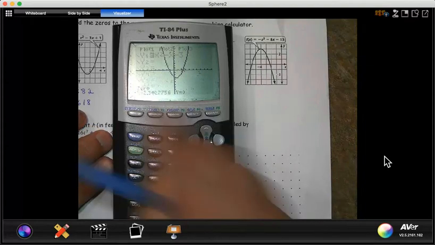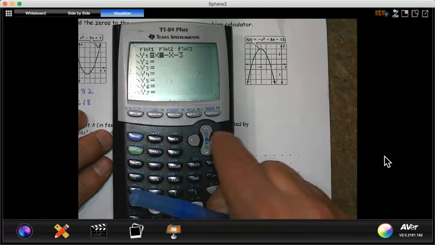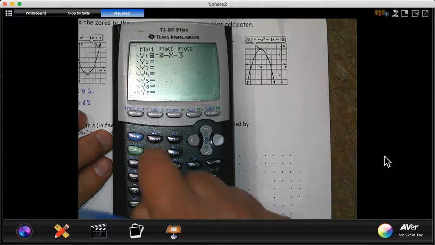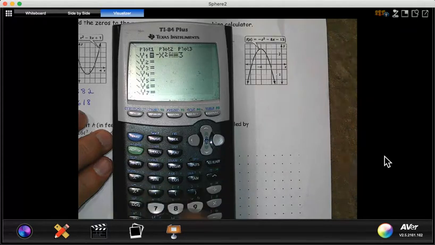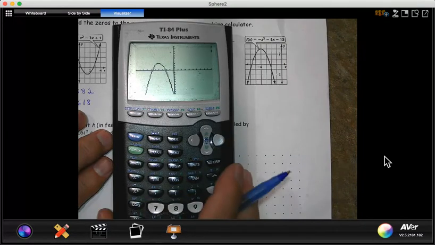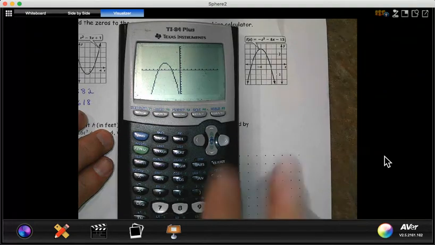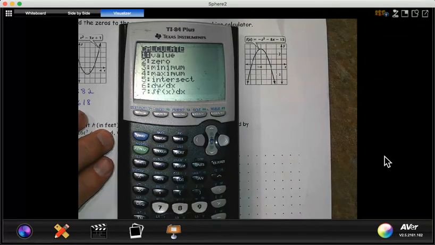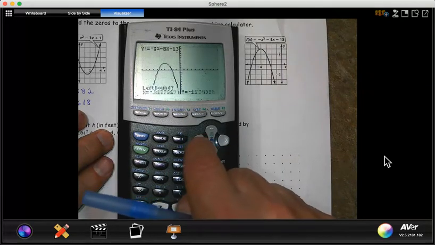Go to y equals negative x squared. So negative x squared minus 8x minus 13. Second calc intersect. So where's my cursor at?